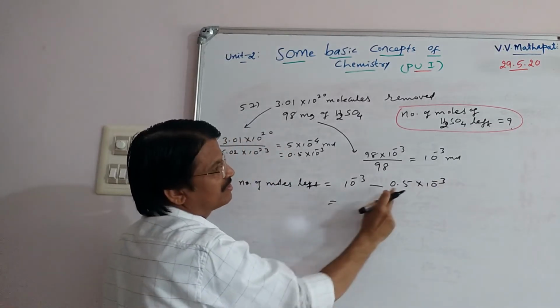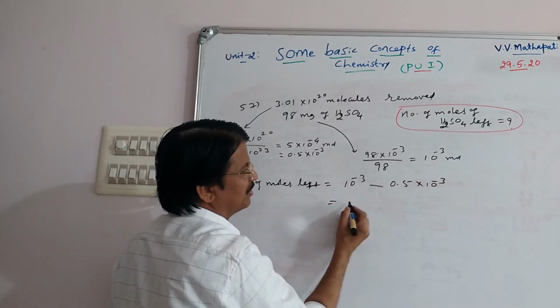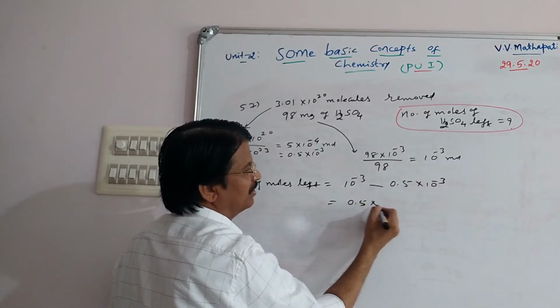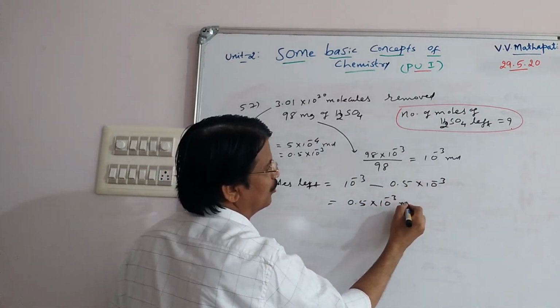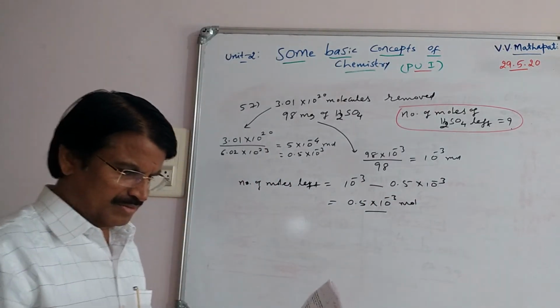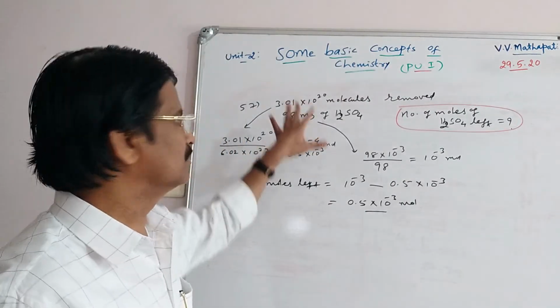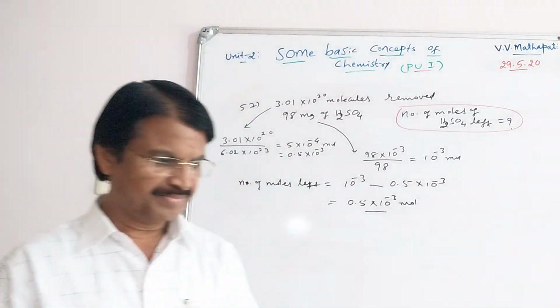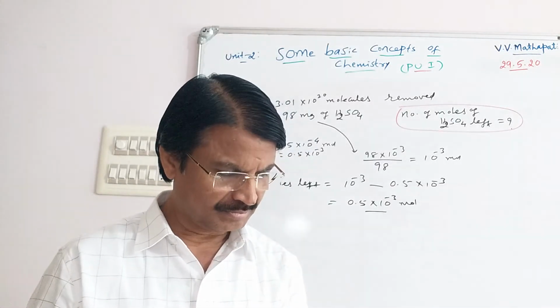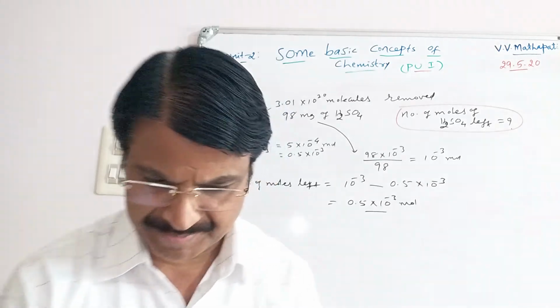That is 1 mole minus 0.5 mole with 10 raised to minus 3 common, so 0.5 into 10 raised to minus 3 mole. Yes, the first option, 0.5 into 10 raised to minus 3 mole. It is also a different type of question. One more question to solve from the practice paper.